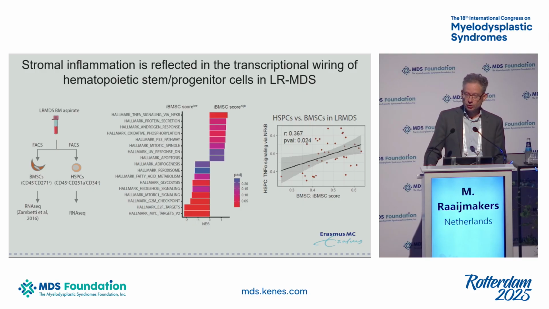Now, this is an association in human low-risk MDS. Is this a causal relationship? What's the chicken, what's the egg? In other words, can the inflamed stroma induce these abnormalities? And how does that affect function?